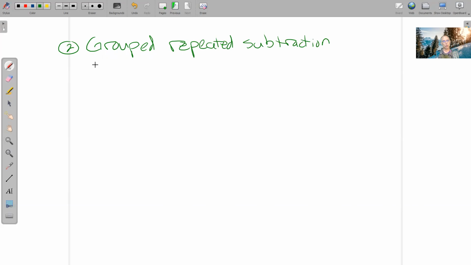So for example, for the 18 divided by 5, I know that 5 plus 5 is 10, right? That's the same thing as 2 times 5. So I could, from 18, take away a 10, because 10 is a nice number to subtract in most cases. 18 minus 10 is 8, isn't it?